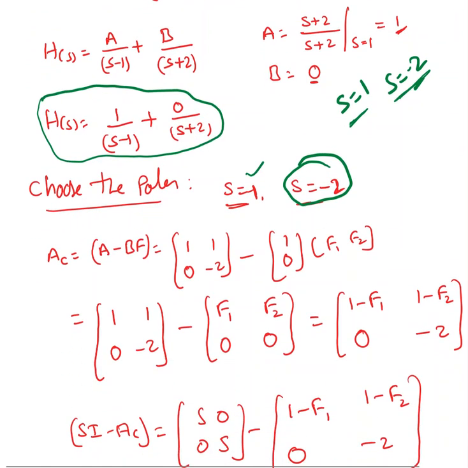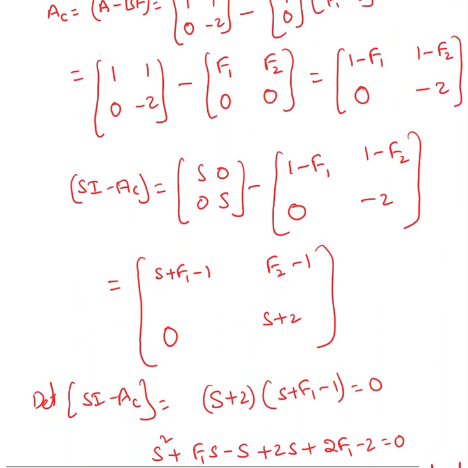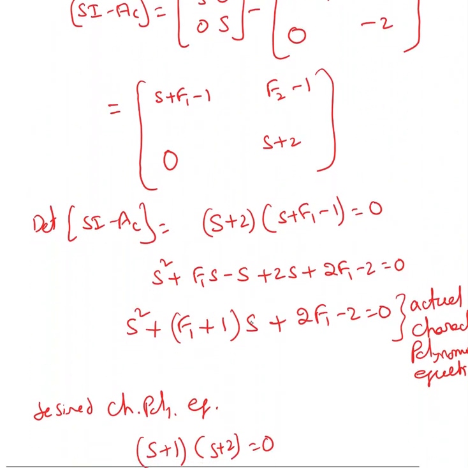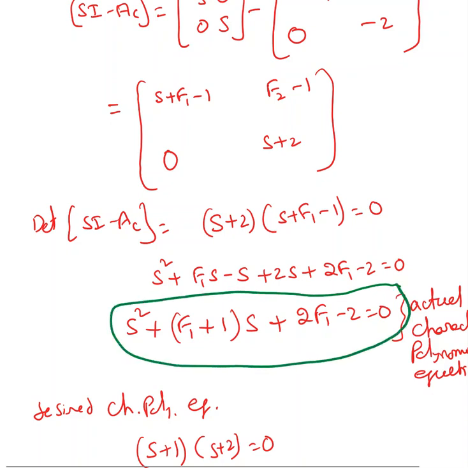I found Ac equal to A minus BF, and I found sI minus Ac and found the determinant. I found the characteristic polynomial equation here, which is s squared plus (f1 plus 1) s plus 2f1 minus 2 equal to 0.